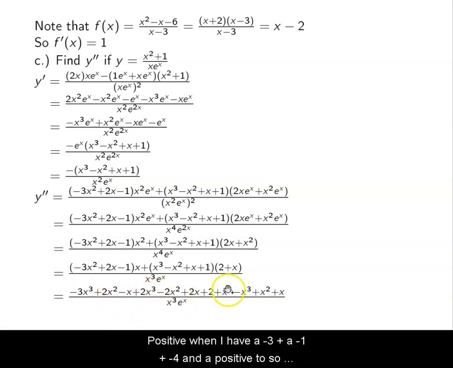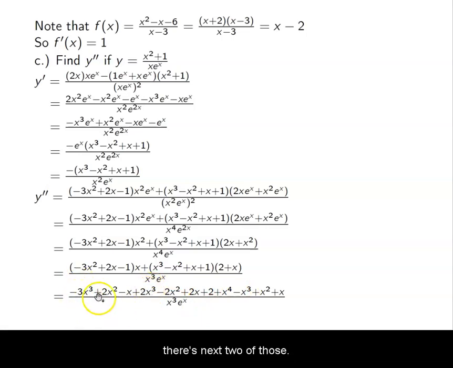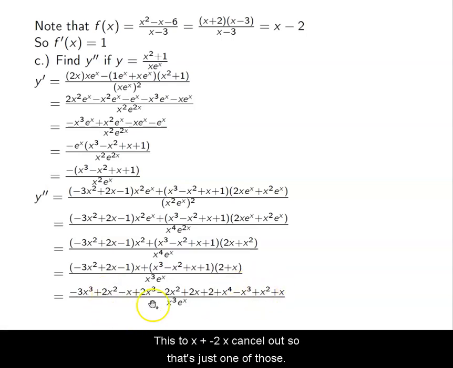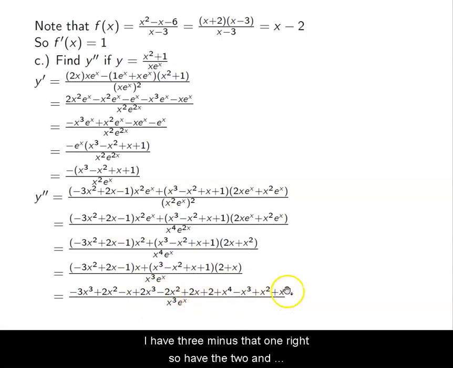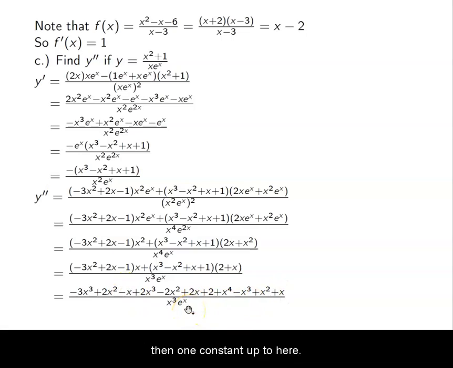I have a -3 and a -1, so that's -4, and a +2, so there's -2 of those. For the squares, I have a x squared. This 2x and this -2x will cancel out, so that's just one of those. And for my x's, I have 2, I have 3, and then minus that 1, right? So I have the 2. And then one constant of 2 here.